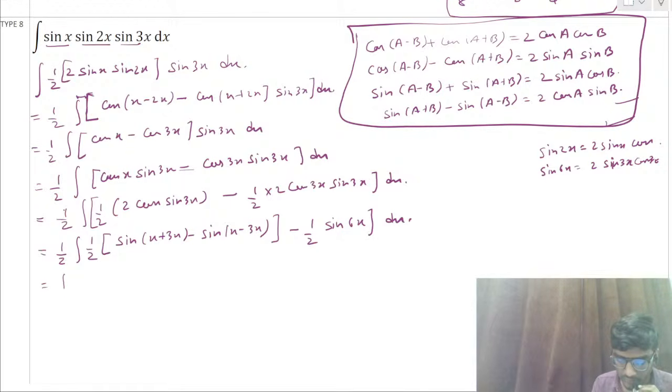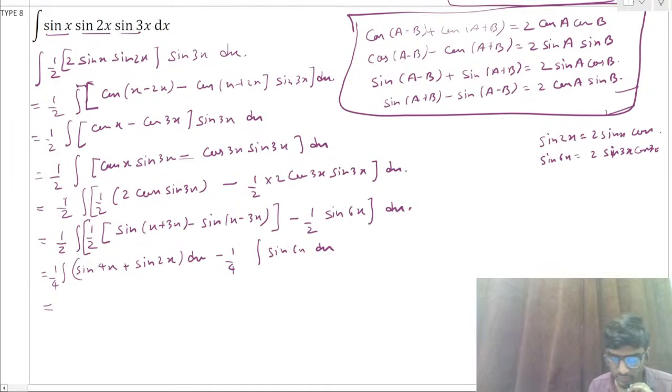So this integral becomes the integration of 1 upon 4 sin 4x, plus, since sin of x minus 3x gives minus sin 2x, it becomes sin 2x, dx, minus 1 upon 4 integration of sin 6x dx.